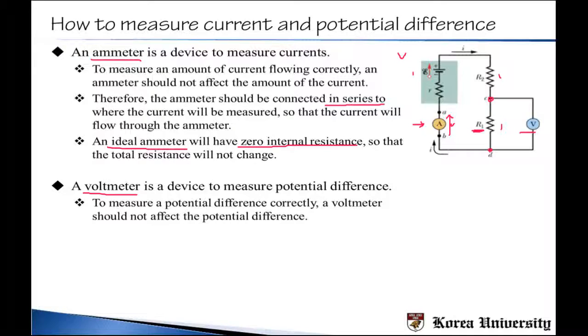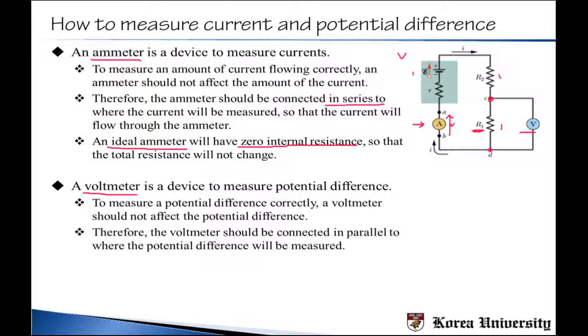So here again, when you are trying to measure the potential difference correctly, a voltmeter should not affect the potential difference. You do not want to change the potential difference you are going to measure, right? Therefore, in this case, you have to connect the voltmeter in parallel to where the potential difference will be measured. When you do that, there is, for example, a node. When the current is flowing, the current flowing through R2 will be split into two currents, right?